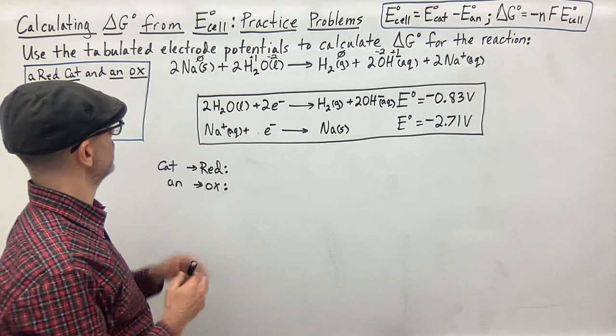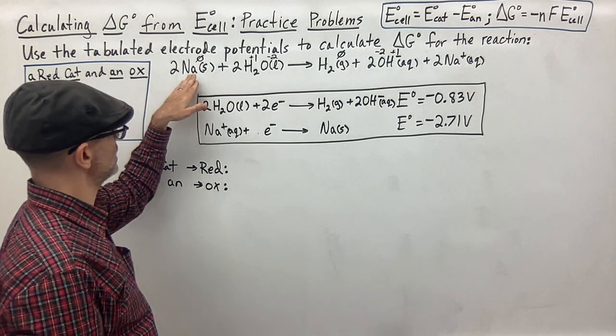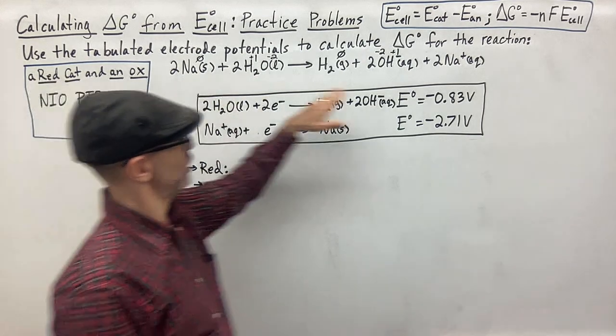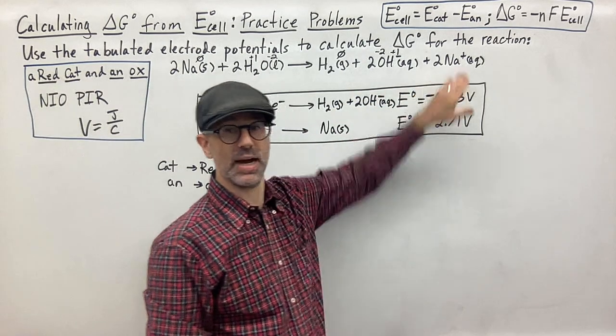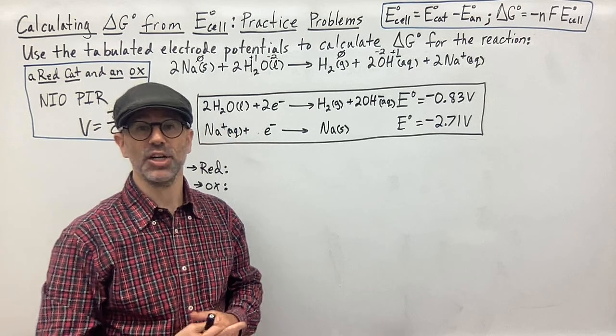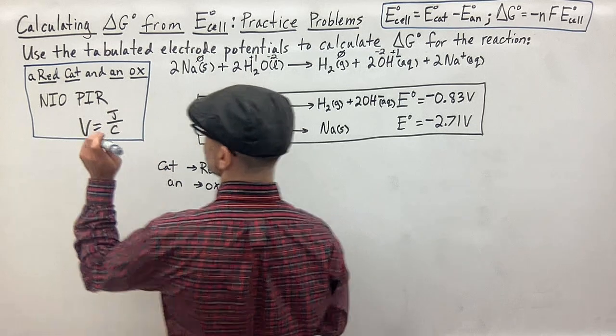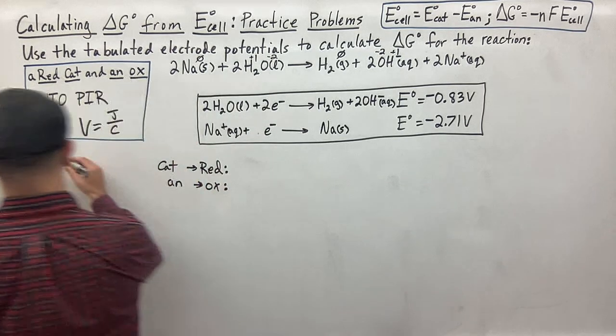Okay, so we can see here that sodium is going from a zero oxidation state to a positive oxidation state. So it lost electrons, which means it's undergoing oxidation. Remember LEO-GER, I should write that down over here.